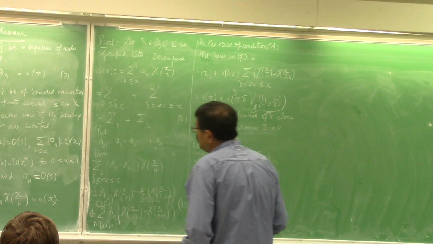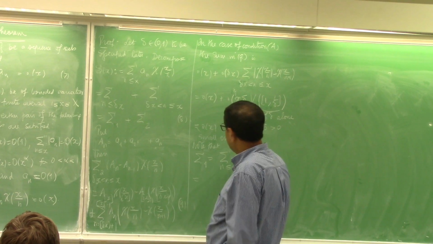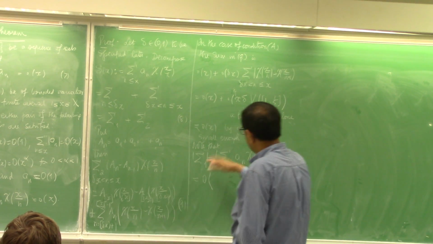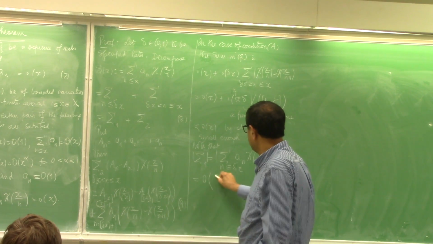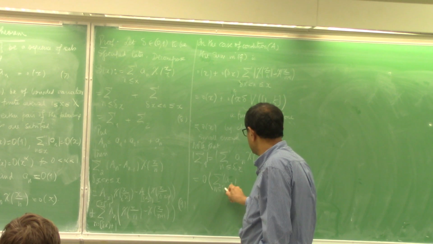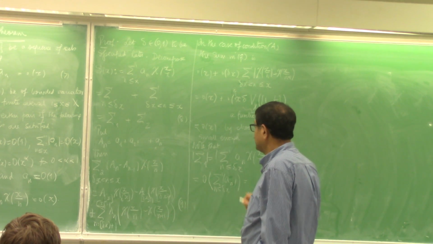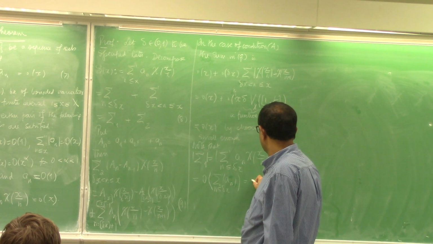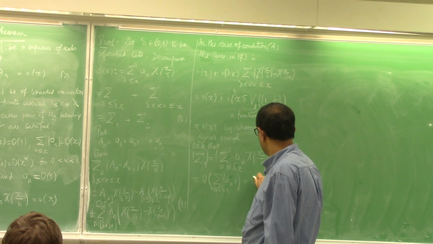So that's equal to, chi is bounded, so pull it up, and then I have the summation of the absolute value of a n over n less than or equal to delta x. But then that is equal to little o or capital O of delta x.